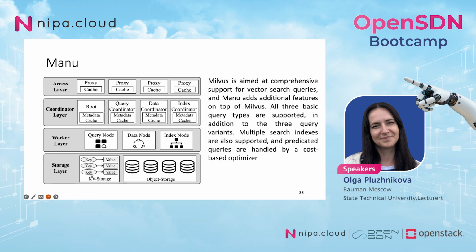When metadata is updated, the updated data is first written to etcd and then synchronized to coordinators. It's interesting that the high latency that comes with the object storage is not a performance bottleneck, as the worker nodes conduct computation tasks on in-memory, read-only copies of data.